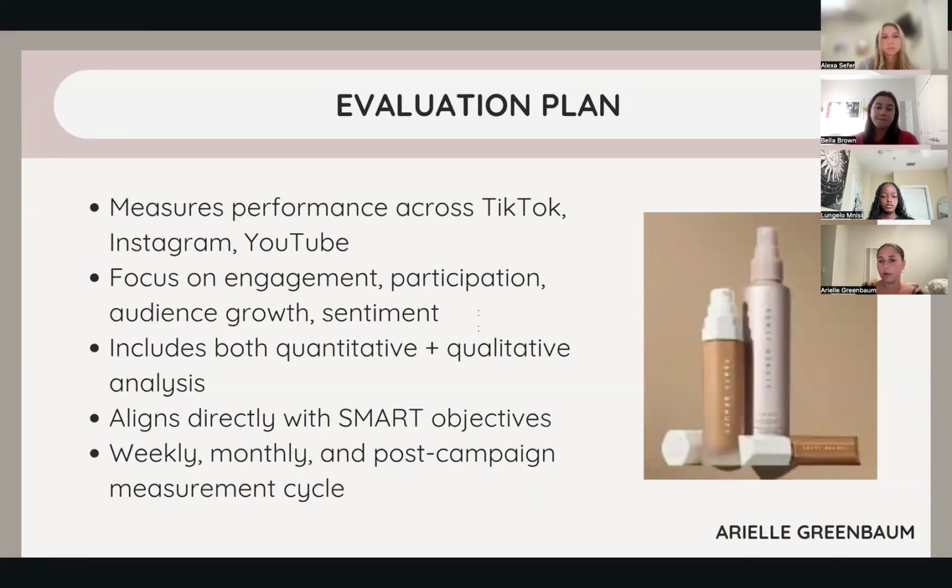We measure performance across TikTok, Instagram, and YouTube, and focus on engagement, participation, audience growth, and sentiment. And this includes both quantitative and qualitative analysis. This aligns directly with SMART objectives, and like I said before, we use a weekly, monthly, and post-campaign measurement cycle. Next slide.